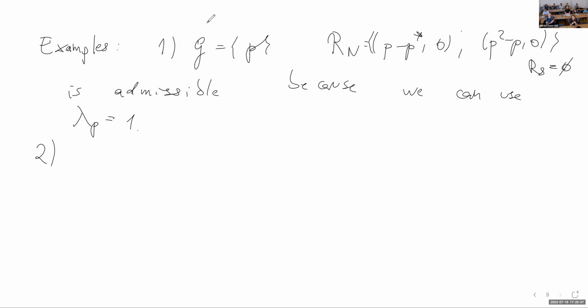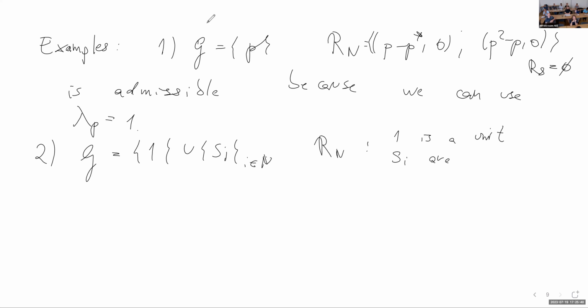And another example, a little bit more tricky, I guess. Let's see, I have a union of many elements SI, and then I'm just going to describe. I'm not going to give you all the relations, but just saying that we use units. SI are partial isometries.